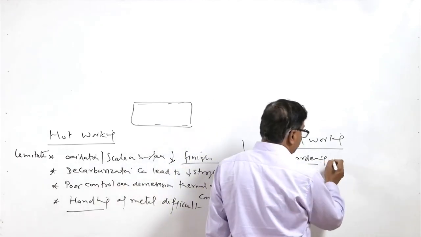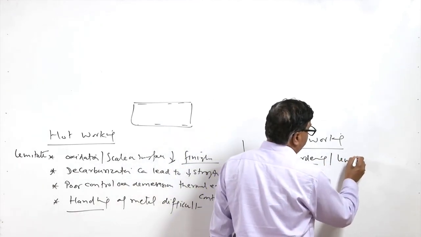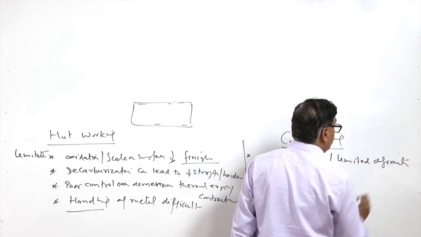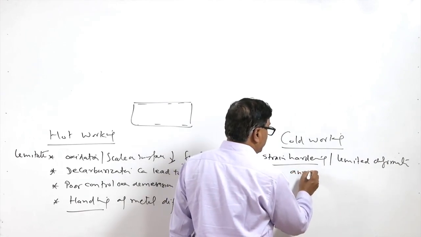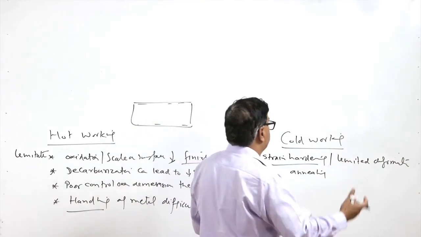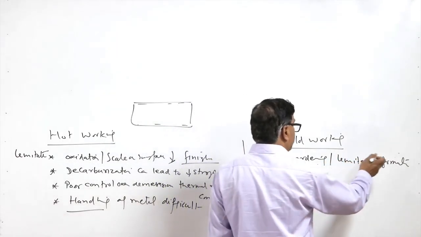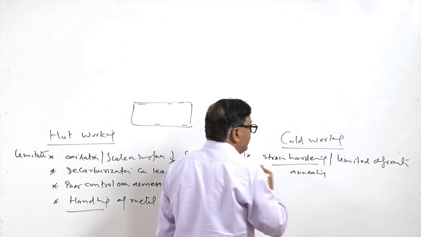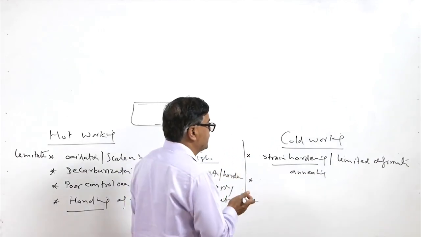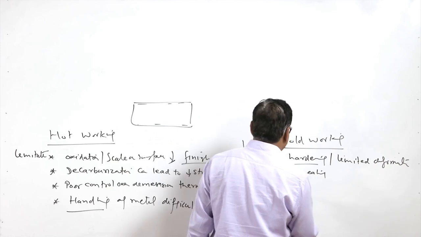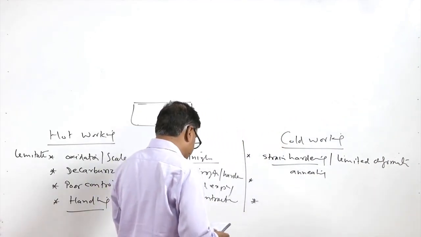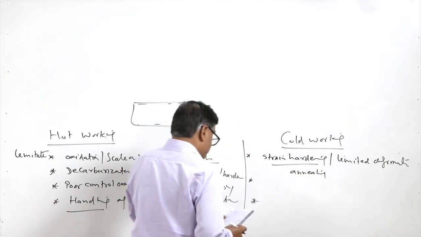So, due to the strain hardening, limited deformation is possible in one go, and therefore, we need to carry out the annealing to induce the softness, so that it can be further processed through the deformation. We need to apply the annealing or softening based processes. These are called process annealing, so that the softness can be induced and the further processing through the deformation can be achieved.